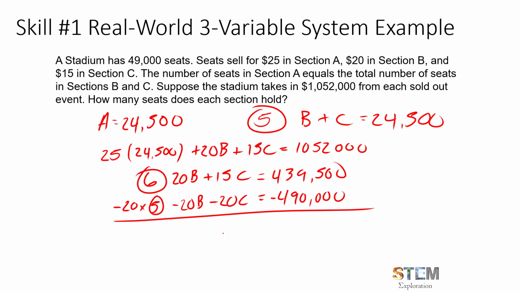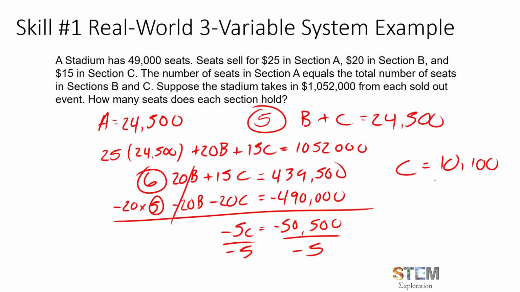Using elimination, just solve accordingly. These guys will cancel. I have -5C. Do a little math. That'll give me -50,500. Divide both sides by -5. And very quickly, I will see that C is equal to 10,100 seats. I can plug that into this equation here and find that B is equal to 14,900 seats.